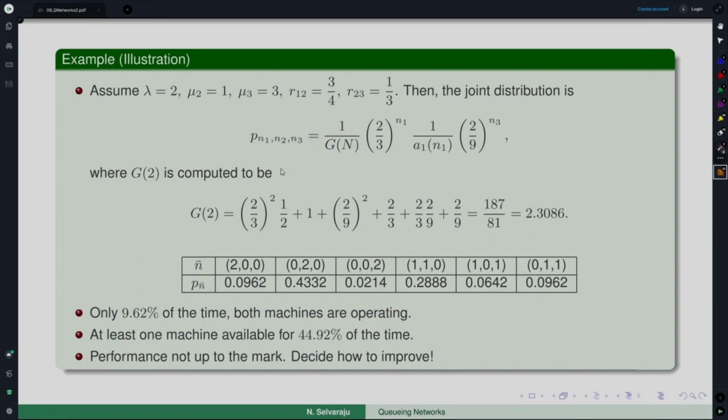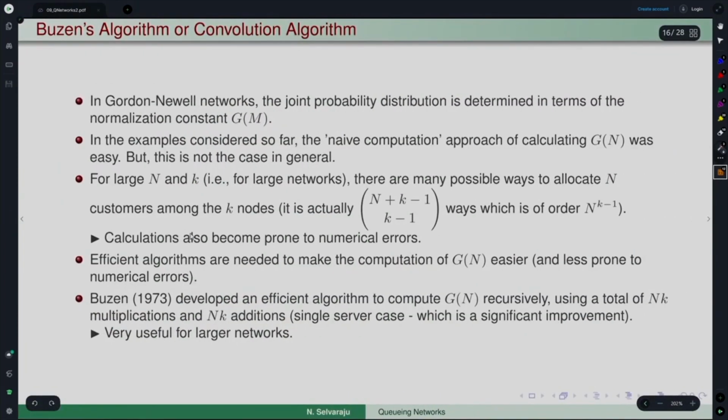Up to this the process is the same. Now, g of n, in this way of evaluating by enumerating all such possibilities, here it so happened that n1 plus n2 plus n3 equal to 2 gave rise to only 6 states. So, you can evaluate all 6 states and then you can compute this g2 directly, right. But it may not be that simple in general.